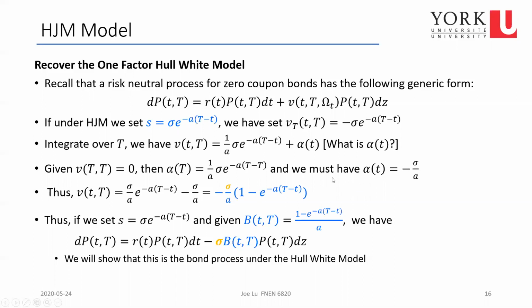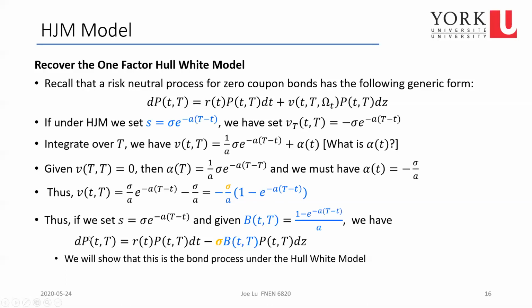Therefore, you put everything together with this being the alpha t expression. Now here it's really not a function of little t anymore. It's just a parameter sigma divided by another parameter a. So you put them together, you have this part minus this thing here. Just take the common factor and then you get 1 minus this thing here.